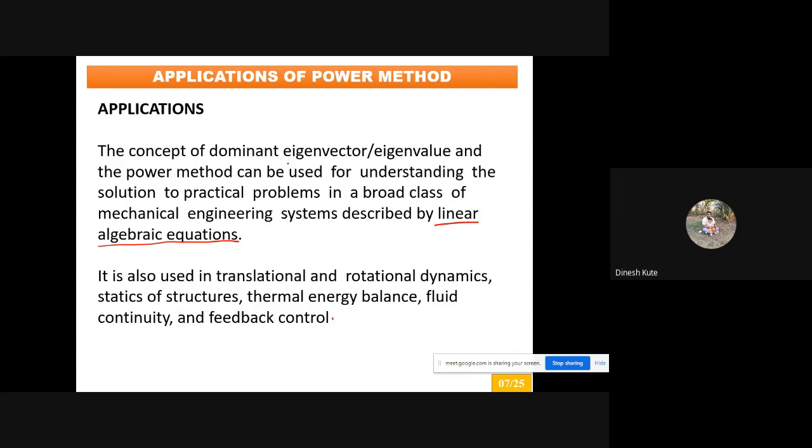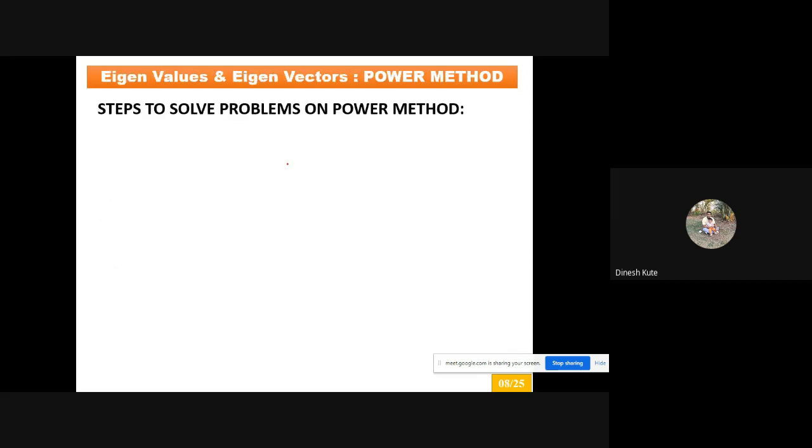Now let us discuss the steps to find the largest eigenvalue or the lowest eigenvalue using this power method. As I already told you, this is a numerical technique, an iterative process. So we have to start our iteration with some initial approximation or some initial eigenvector.